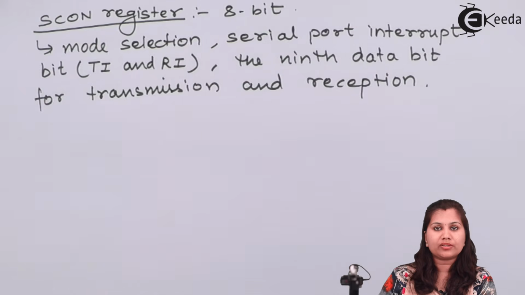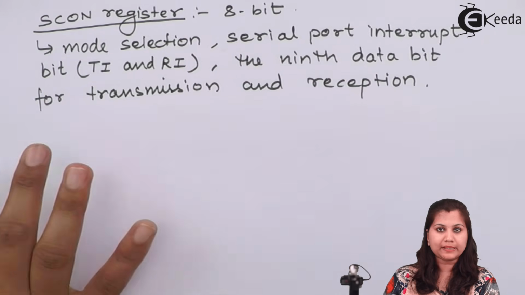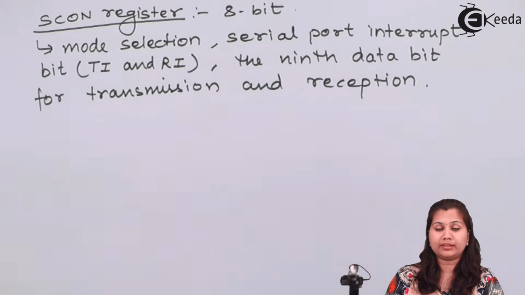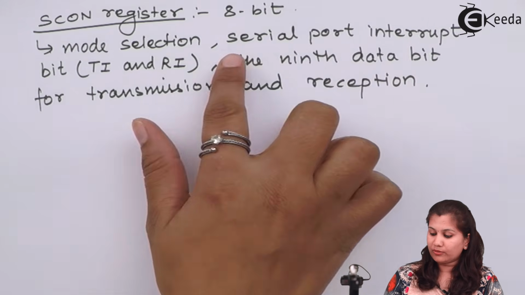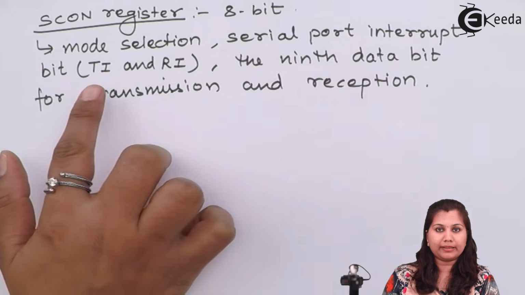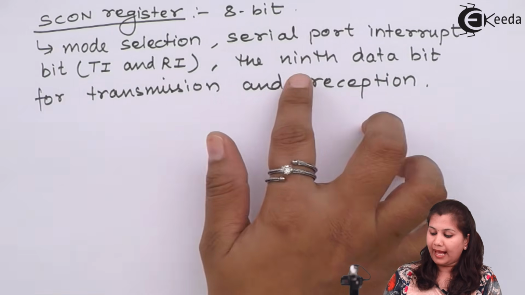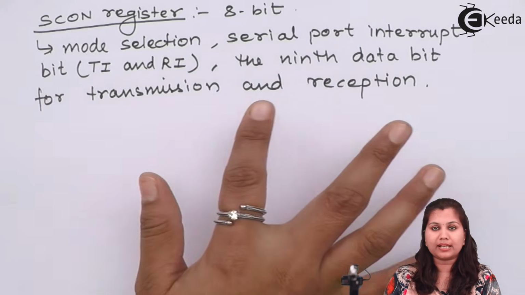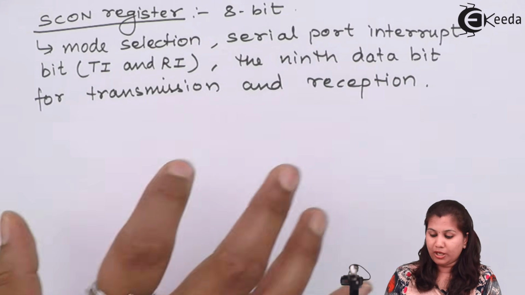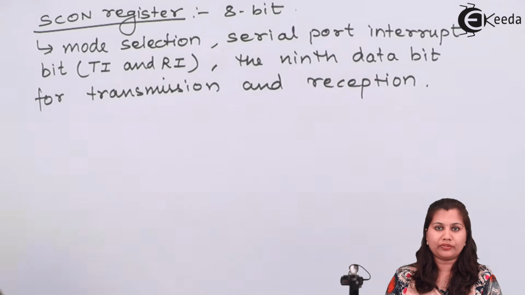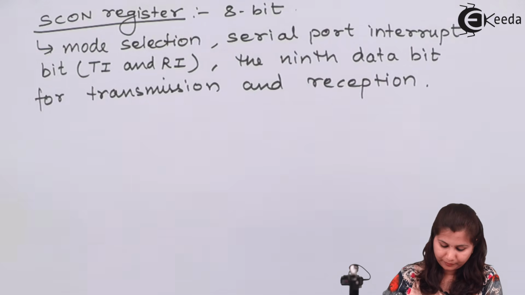So this SCON register is used for the mode selection, that is in which mode the serial port is going to act, and also for the serial port interrupt bits, that is TI and RI, and the 9th data bit for the transmission and reception. So let's see the 8 bits of this SCON register.